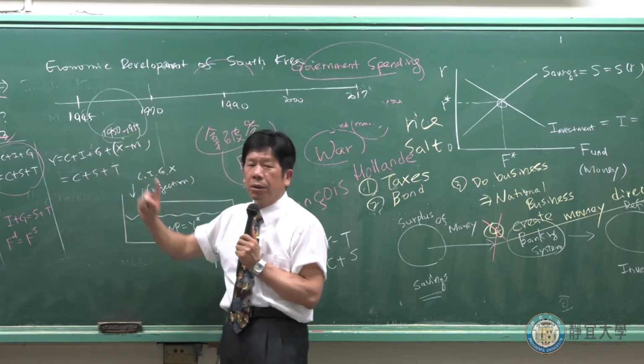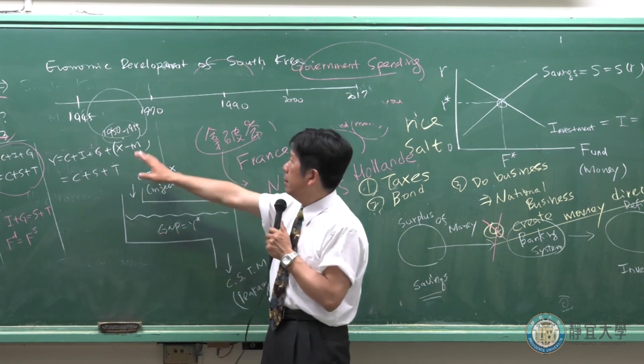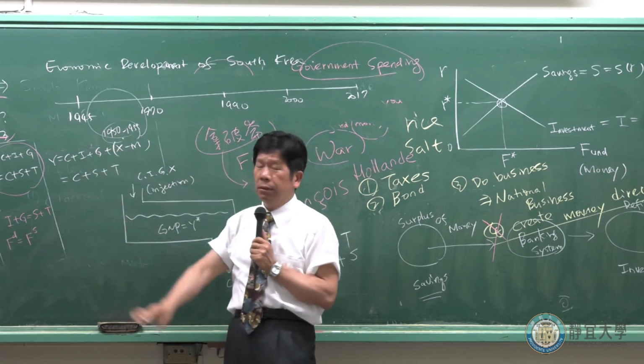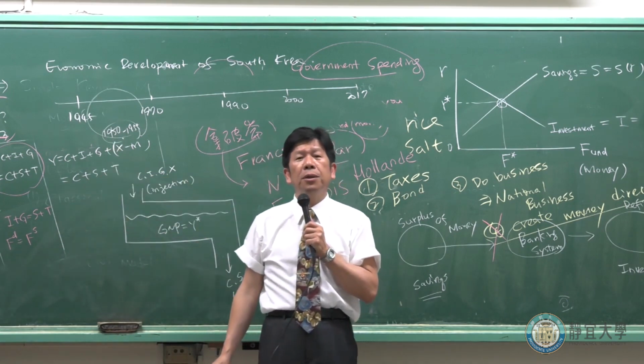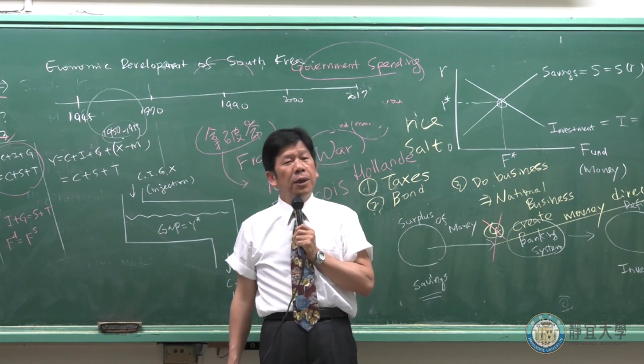This is the Korean War. After that, the Korean economy was always controlled by the army.